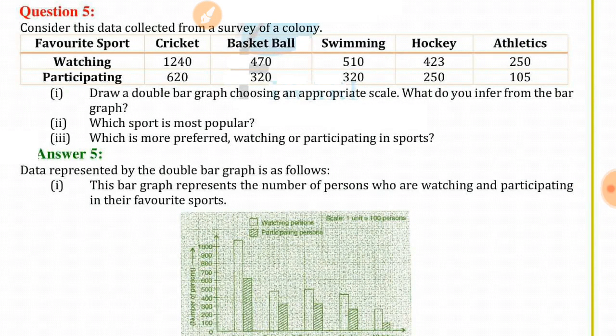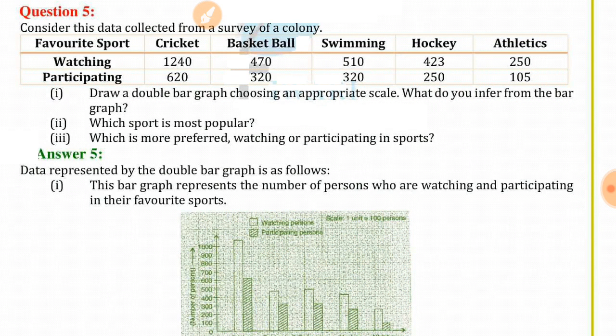What do you infer from the bar graph? How can we come to know what conclusion you can see, whether watching is more or participating is more, or cricket is more or any other, hockey is less, like that you can observe. You have to infer that. You have to take the decision from the graph.